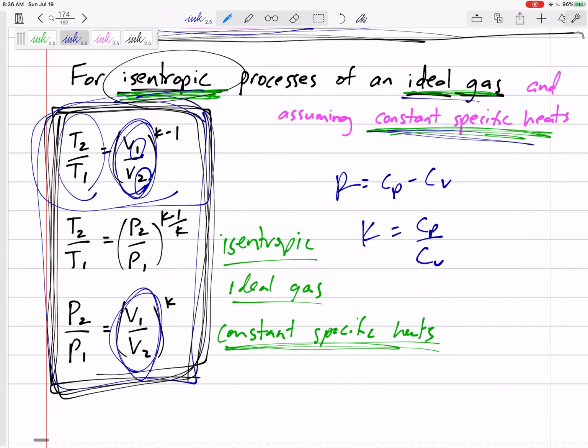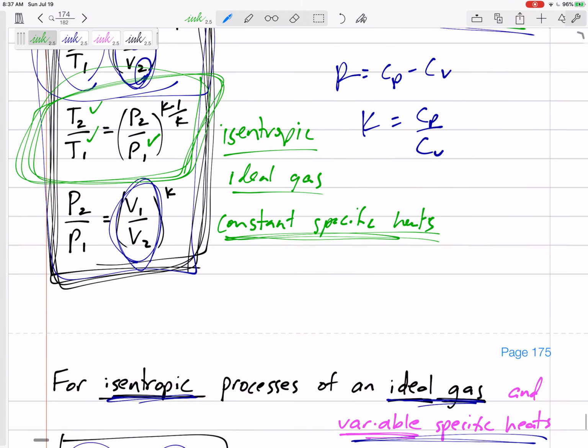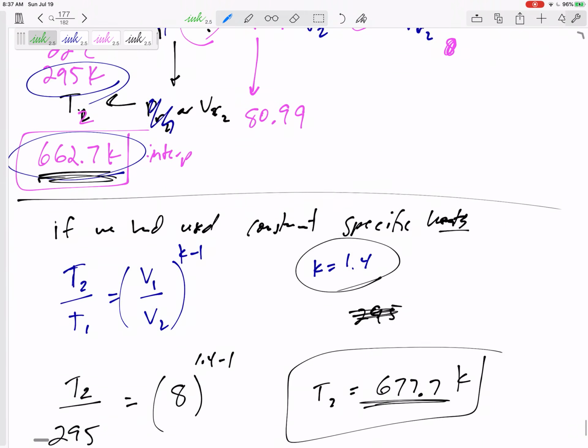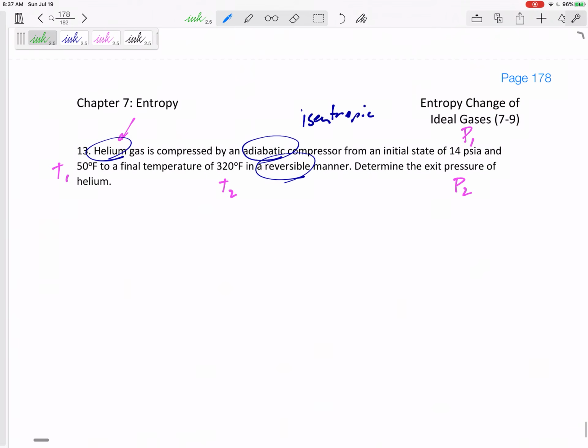We're not told anything about the volumes or specific volumes. This equation right here is our best bet. We know P1, T1, T2, so we can use this to solve for P2. T2 over T1 equals P2 over P1 raised to the K minus 1 over K.